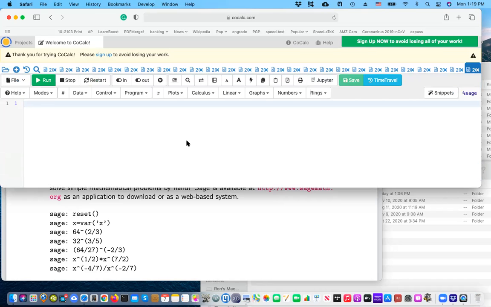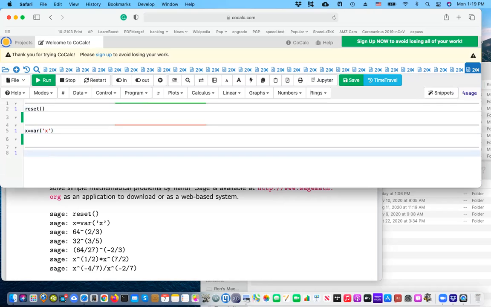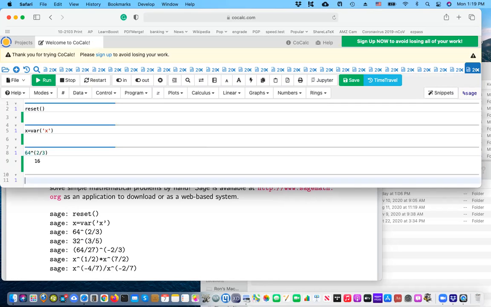There you go. We've been doing this for a while. Remember shift return. x is a variable. Seems like we've been doing this forever now, huh? Shift return. 64 raised to a power. What power? 2/3. 16. I guess we could have done that by hand, right?